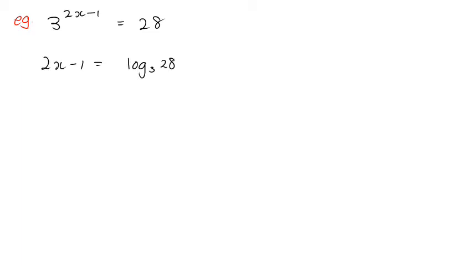And then all you have to do from there is just, as normal, rearrange to find x. So we're going to take our minus 1 over, it becomes plus 1. And then we're going to divide by 2. Or to make it look a bit prettier, I'm just going to times by half.